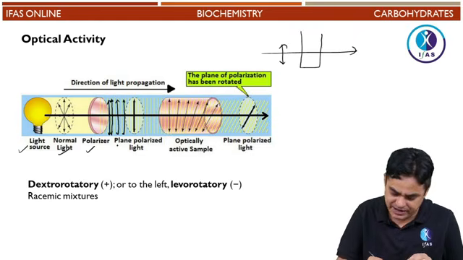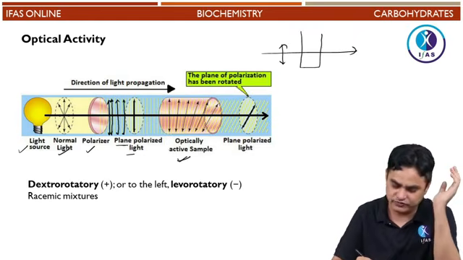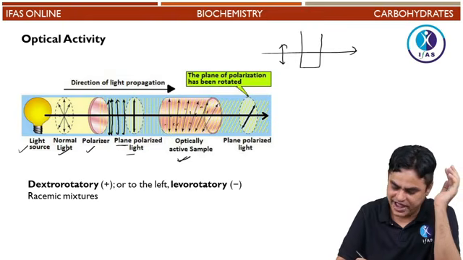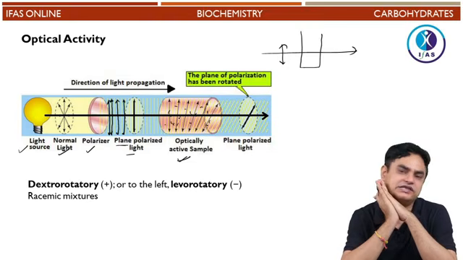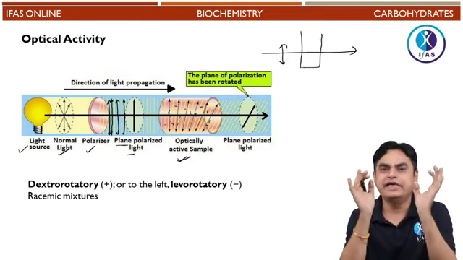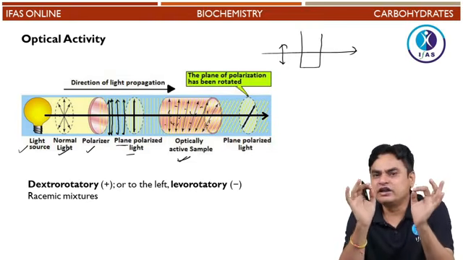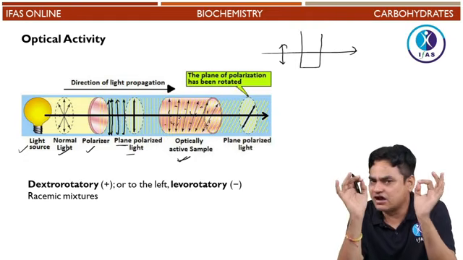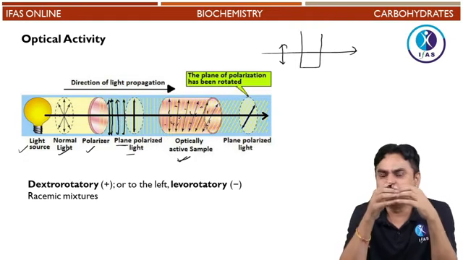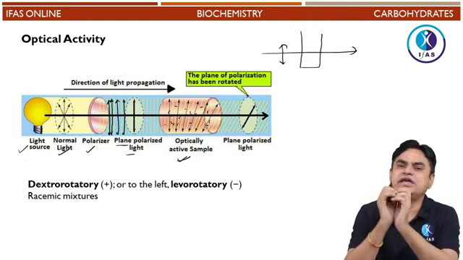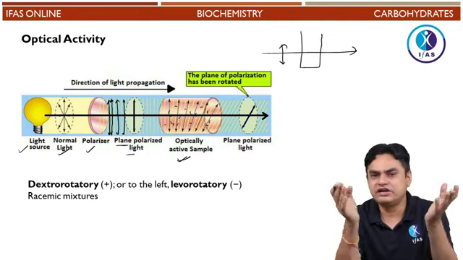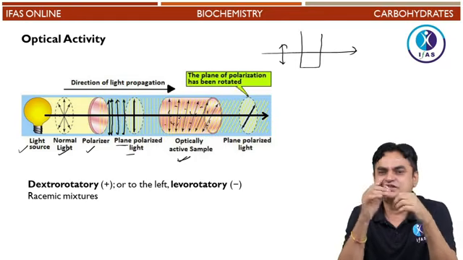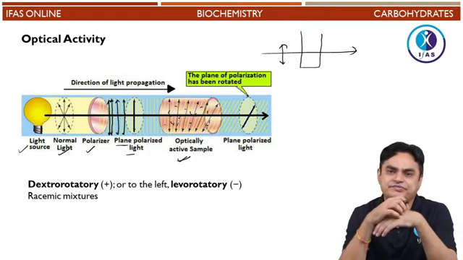Then this plane polarized light is allowed to pass through an optically active substance, which is kept in the path of the plane polarized light. If the substance has one or more chiral carbons, it is definitely going to interact with the plane polarized light, and there would be some change in the plane of polarization.